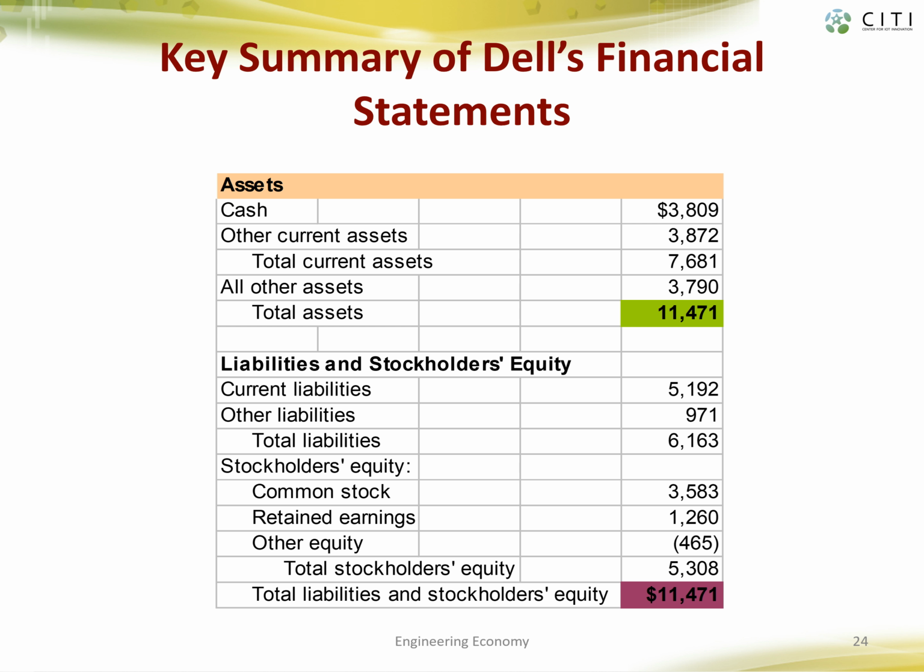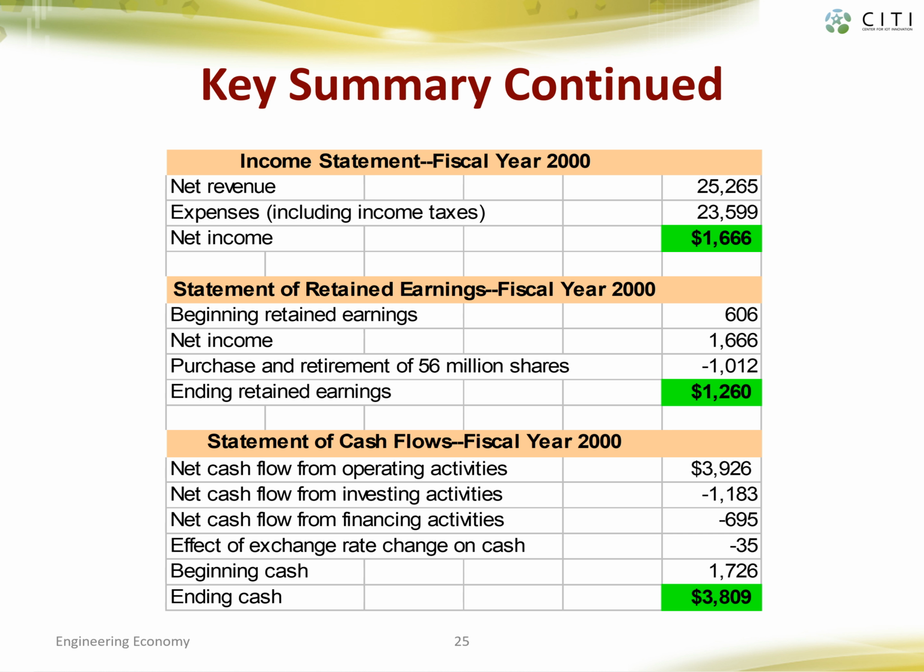The previous slide showed a lot more information, a lot more detail. But if you look at the main outline or main structure of these statements, all of them together, from the balance sheet to the income statement, or retained earnings statement, and the cash flow statement, you can get a very good understanding of the overall situation just based on the statements.